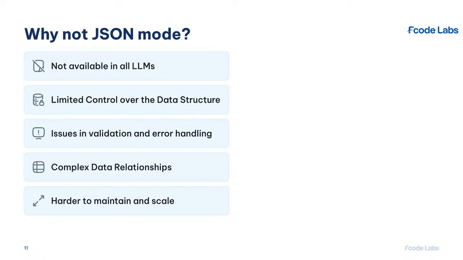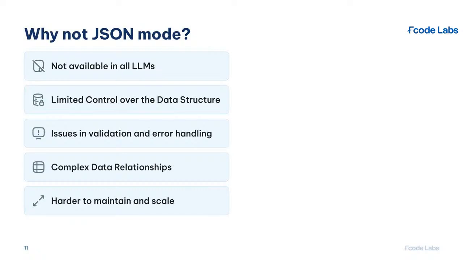Then why don't we move to the JSON mode of the LLM? JSON mode is available in some LLMs, like OpenAI has that. Google Gemini has that. Some LLMs have that. We can do that, but the main problem is we have very limited control over the data structure.